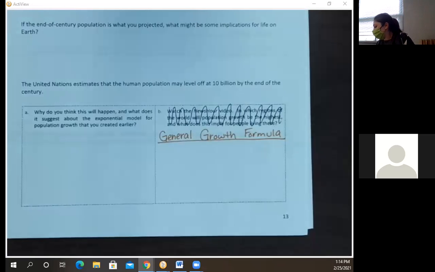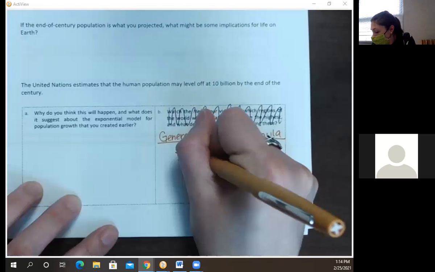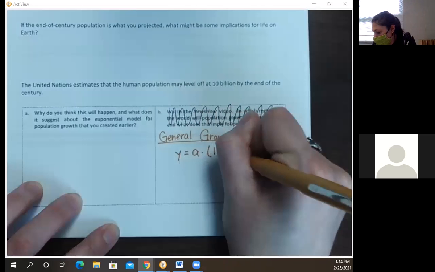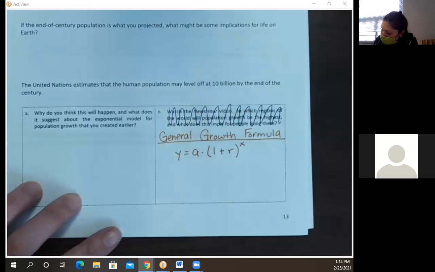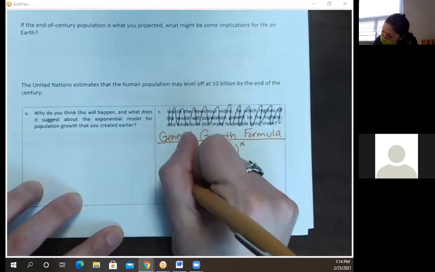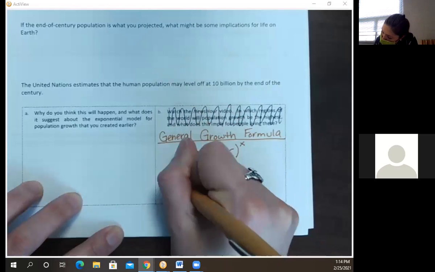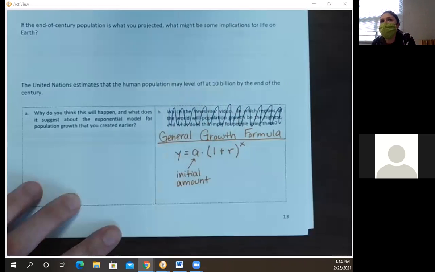When I don't know that number outright, and we have this percentage representation instead, or this rate representation, we're going to modify that formula just a little bit to be able to include that rate. So a is still going to represent our initial amount, our first measurement, or what we start with.